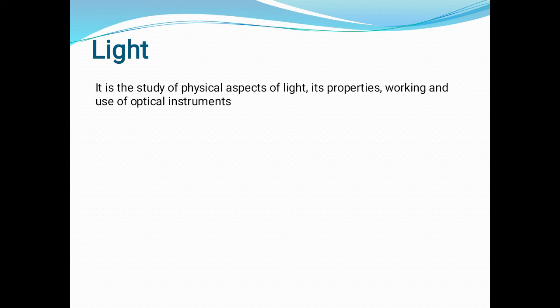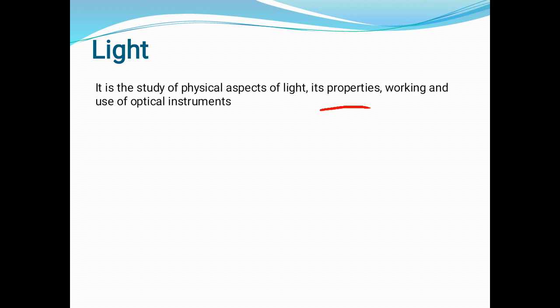Light or optical energy. It is the study of the physical aspects of light, its properties, working, and use of optical instruments. Again, light is a wave. It has certain properties.